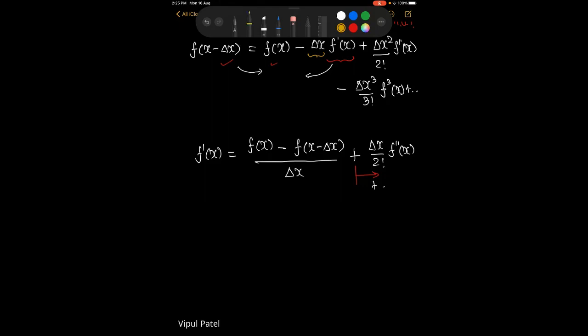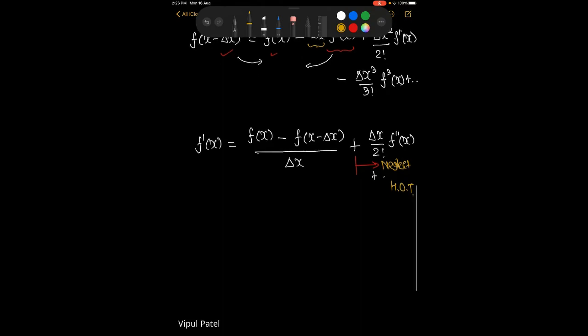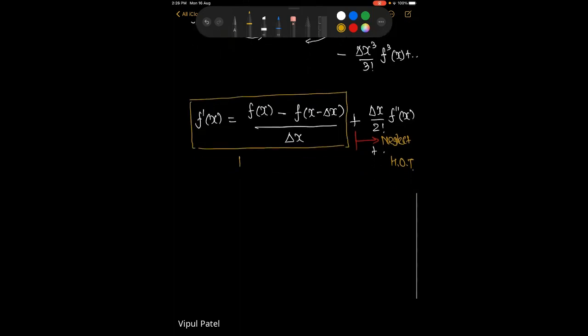So here also, if you neglect these particular terms, then you will be left with only this formulation, and the order of accuracy of this particular formulation depends on the order of this particular delta x, right?